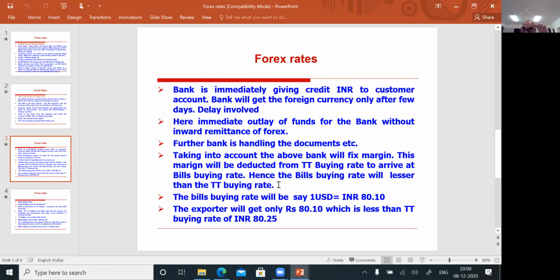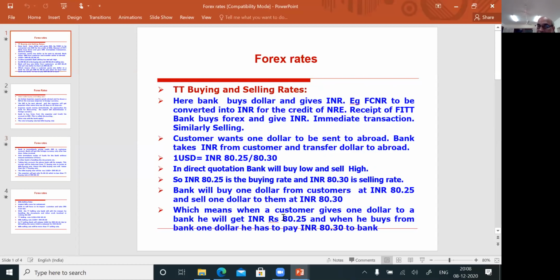So in the case of buying for an export bill, the bills buying rate will be less than the TT buying rate. The margin will be deducted from the TT buying rate. So the bills buying rate will be, say, $1 equals 80.10. The exporter will get only 80.10, which is less than the TT buying rate of 80.25. I do not know, it should be 80.20, isn't it?